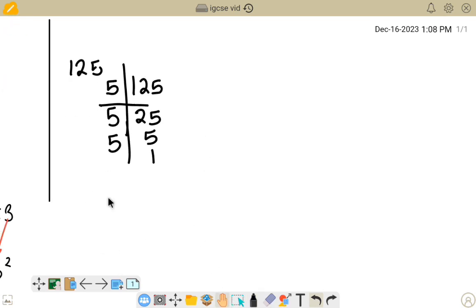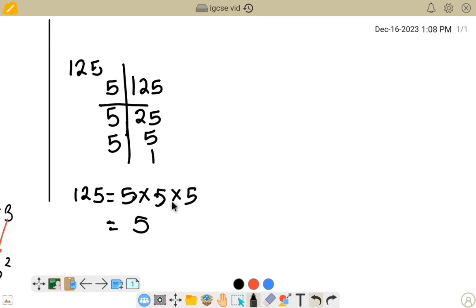If you represent that out, 125 is equal to 5 appearing 3 times, so you have 5 times 5 times 5. That will give you 5 raised to the power 3, because there are three 5s here. So 125 is the same thing as 5 raised to the power 3.